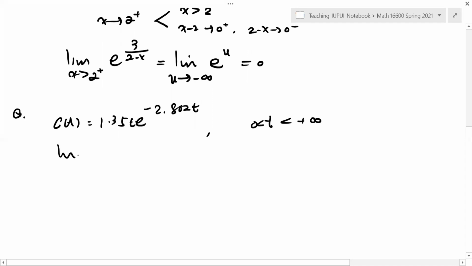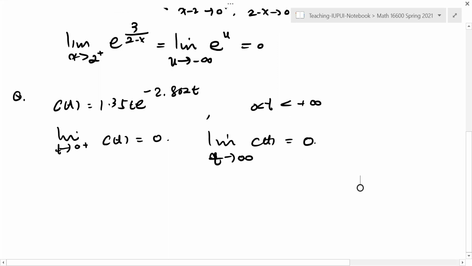When t approaches 0 from the positive side, this function is going to be 0, because the second part approaches e to the 0 and the first part, t approaching 0, gives 0 times 1, which is 0. And as t approaches infinity, c over t is also going to be 0.